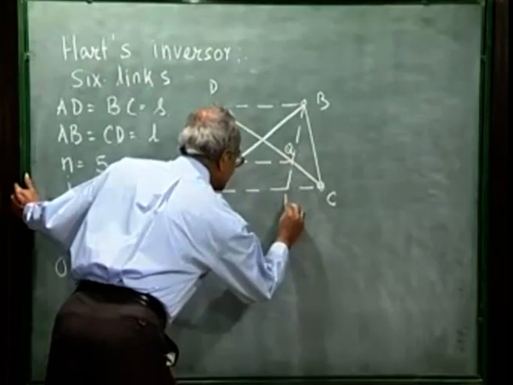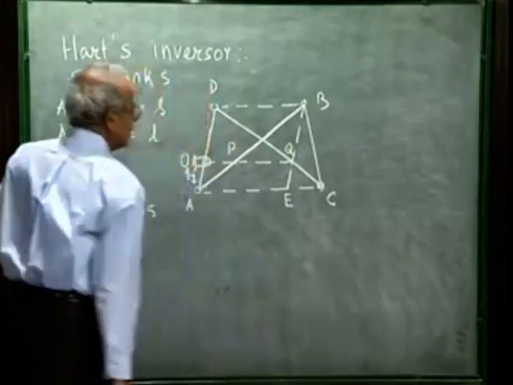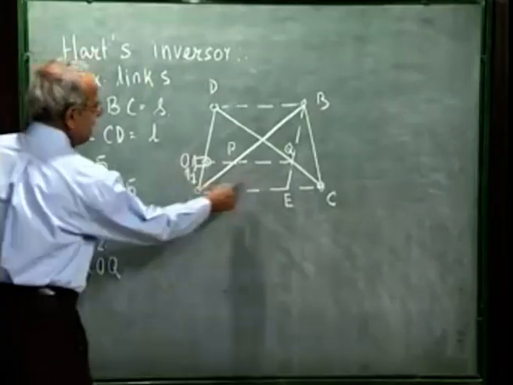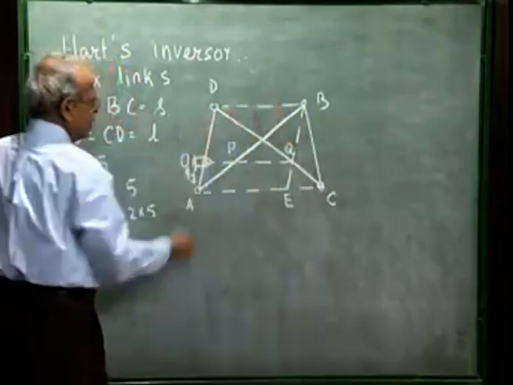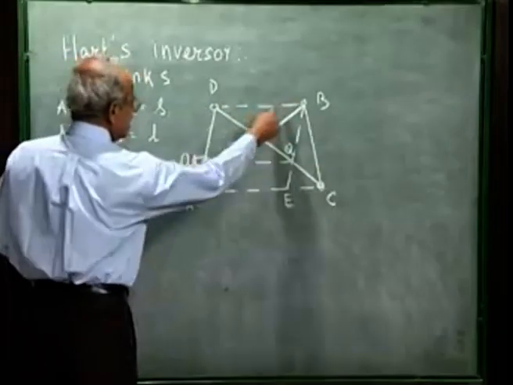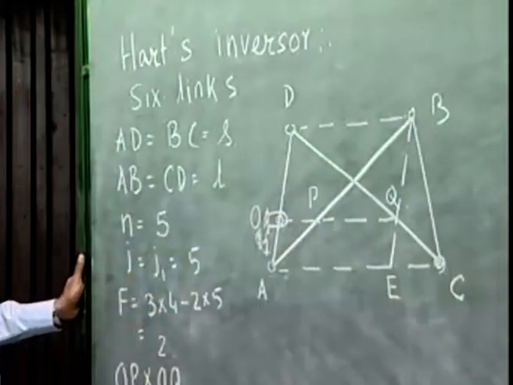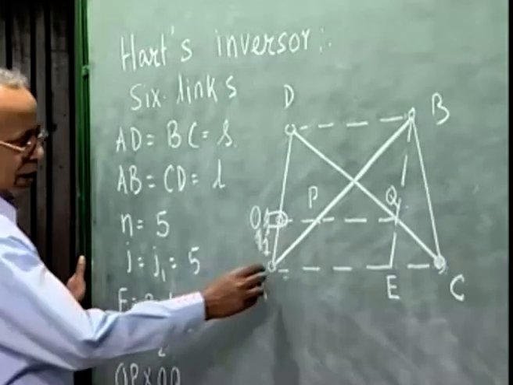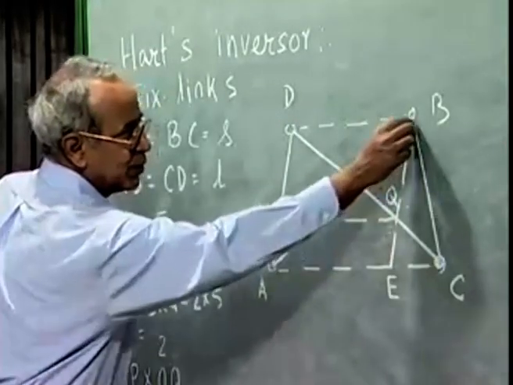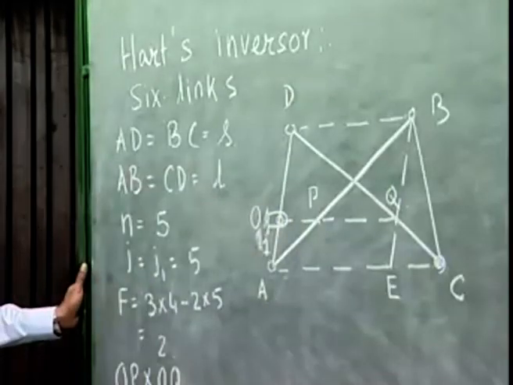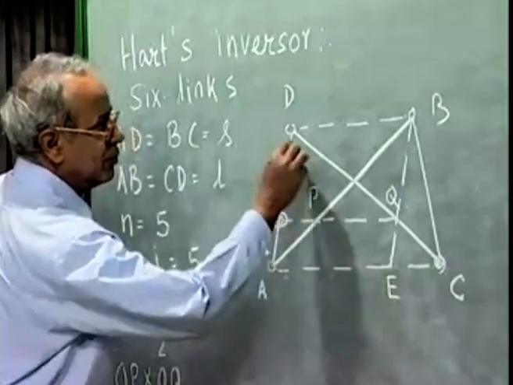Let me call it E. So, AEBD, this figure will be a parallelogram because BD is parallel to AE and I have drawn BE parallel to AD, which means AD will also be equal to BE because they are opposite sides of a parallelogram, and OE will be equal to BD.